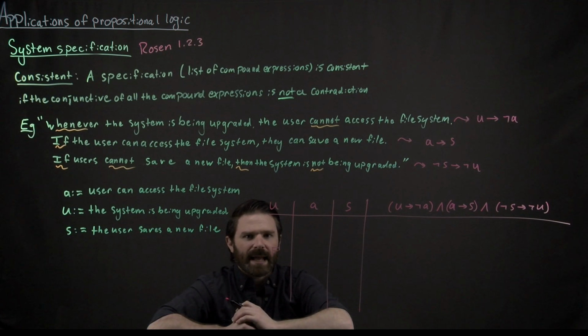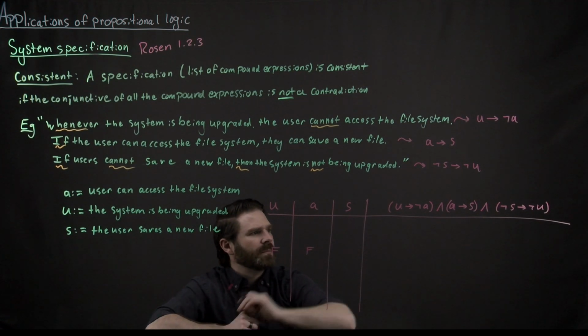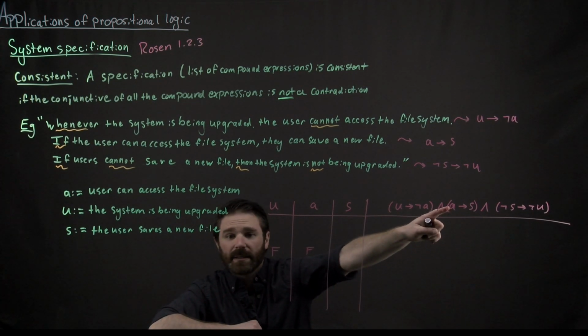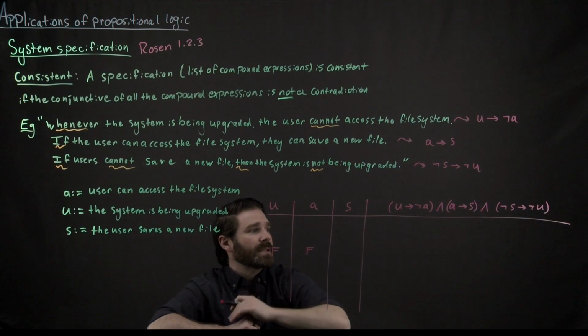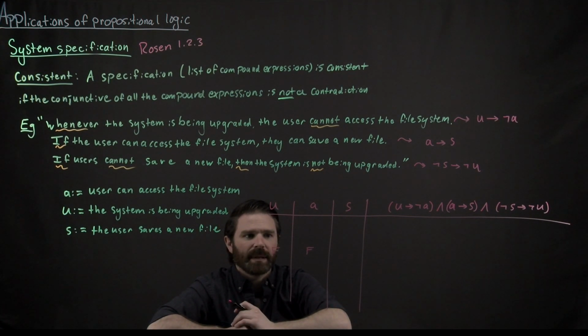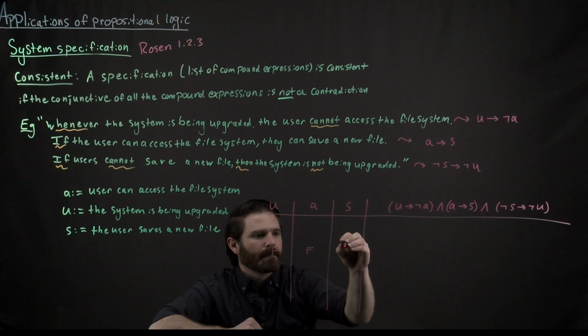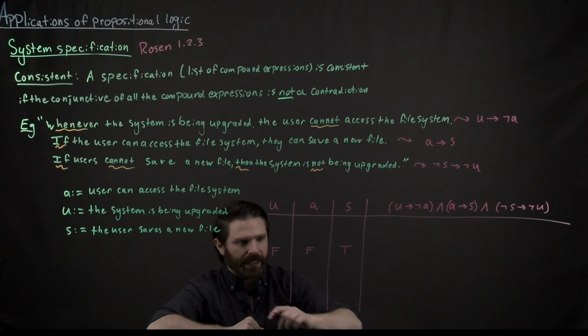And I'm going to make this A also false, because once again, in this implication, the only time it's going to be false is when the hypothesis is true and the conclusion is false. And lastly, for that S, I'm going to make that true.